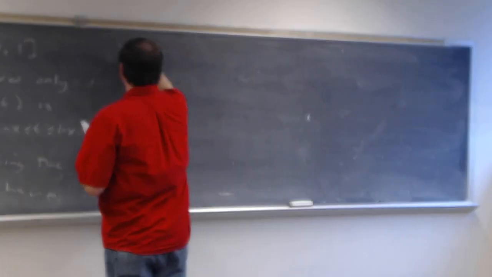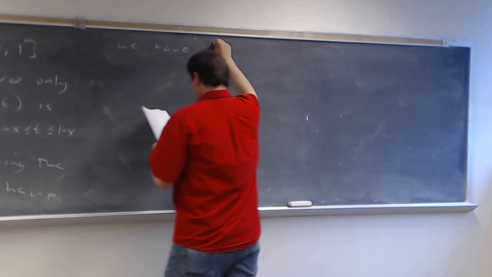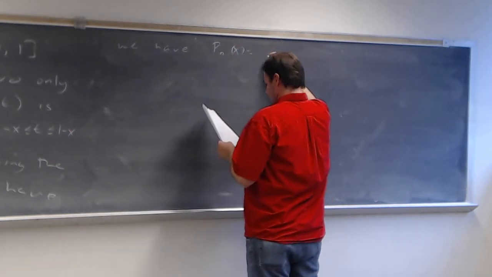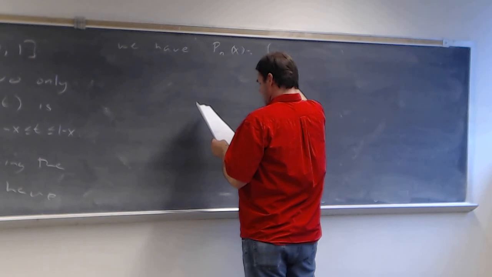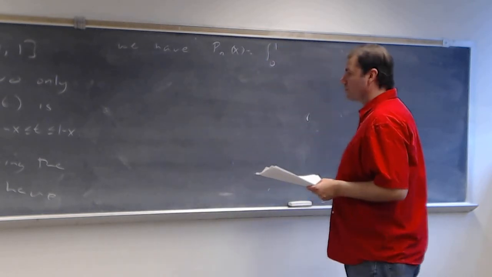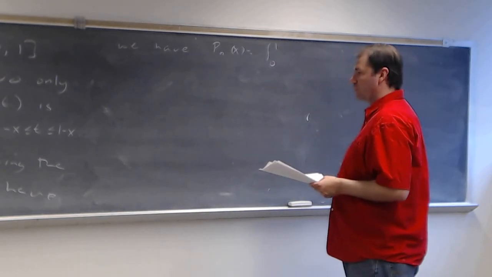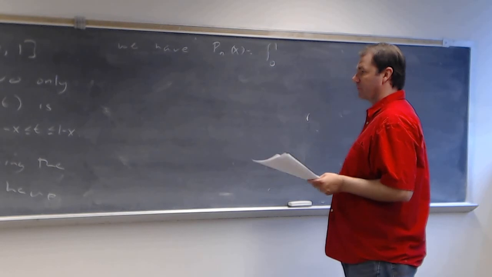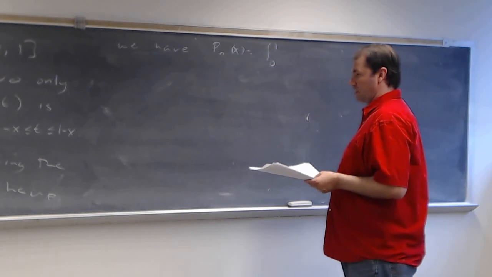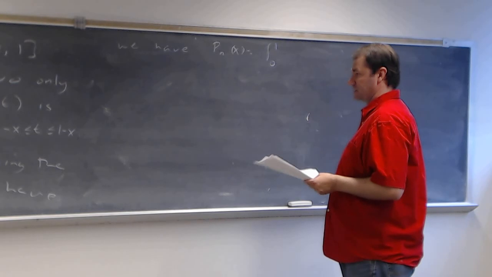We have p sub n of x is equal to the integral from 0 to 1. So u was x plus t, and t went from minus x, so that's the lowest it was in the previous interval. So minus x plus x, that's 0.